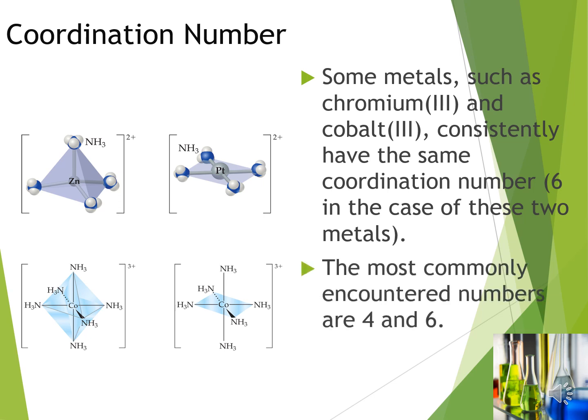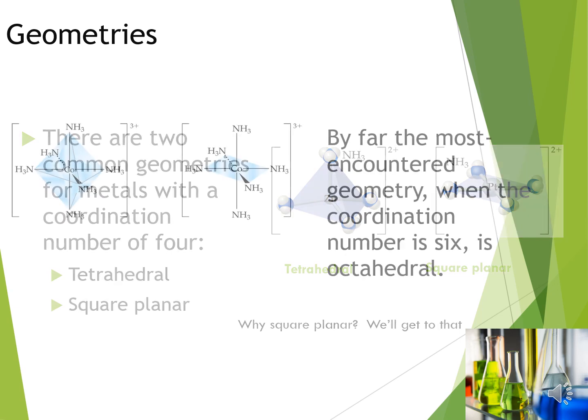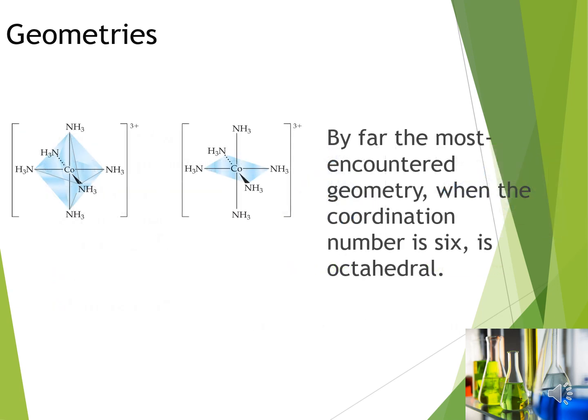The most commonly encountered numbers are 4 and 6. There are two common geometries for a metal with coordination number 4, tetrahedral and square planar. By far the most encountered geometry when the coordination number is 6 is octahedral.